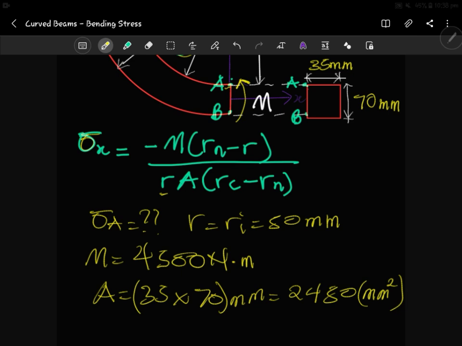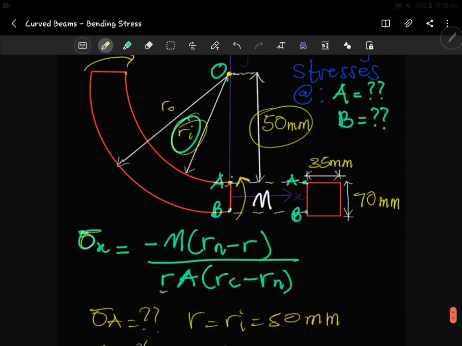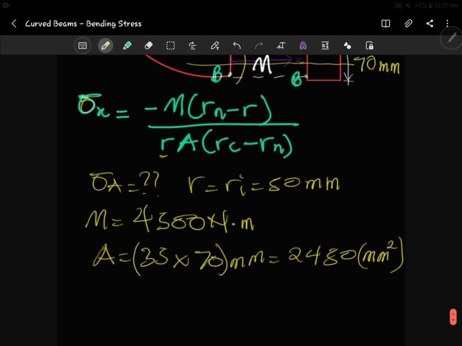So we need Rc. Rc is the distance from the center of curvature to the very center of the cross-section. And how do we get that? What we said about Rc is that it never changes. It remains the same. You just look at the cross-sectional area and get to its center, measured from the center of curvature, which is about here, half in between. So what will Rc be?